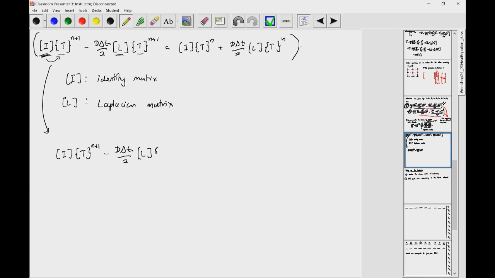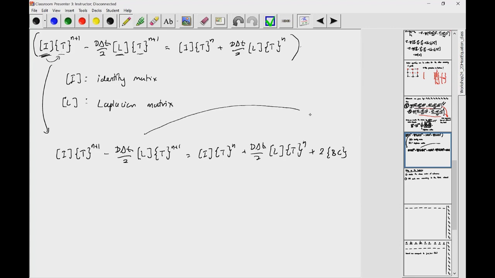This will still be your Laplacian term. And on the right-hand side, you have again the same thing. But here we will have two terms and we account for all the boundary condition values. So whenever you collocate at a point and you have a point that belongs to the boundary condition, you're going to move it to this right-hand side.